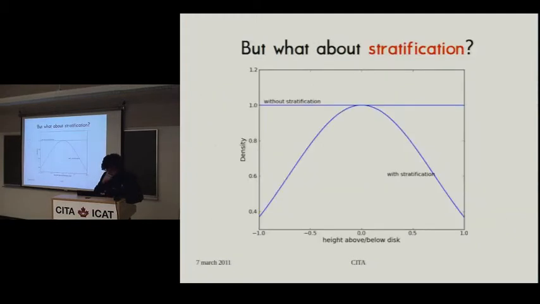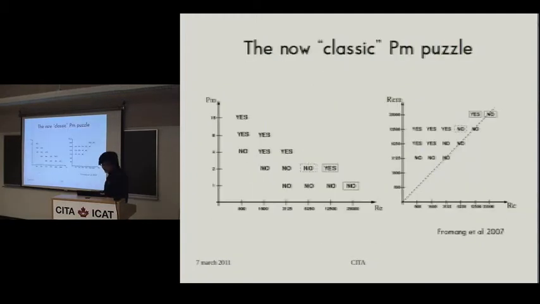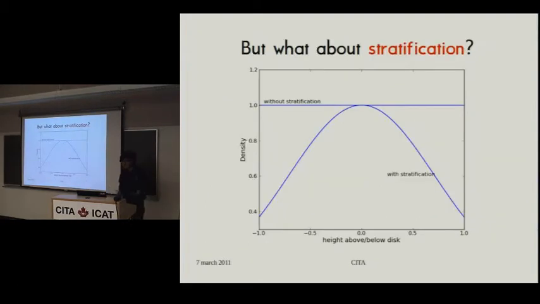All of those simulations, both these and these, neglected vertical stratification. They considered the simplest system that hosts the MRI, and of course it's always reasonable to start with the simplest system that hosts the thing you want to study.